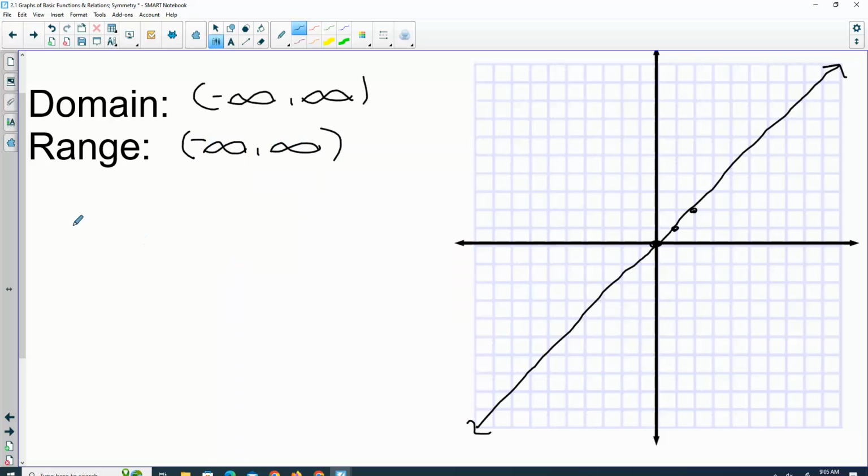Is this one increasing, decreasing, or constant? Yeah, it's increasing the entire time. Negative infinity, positive infinity. All right.